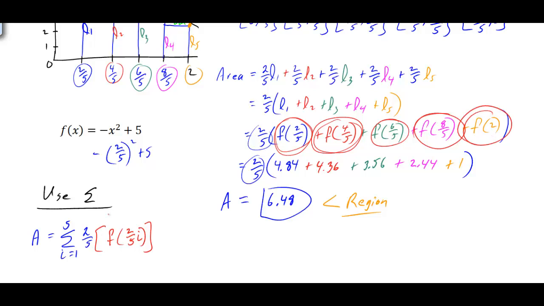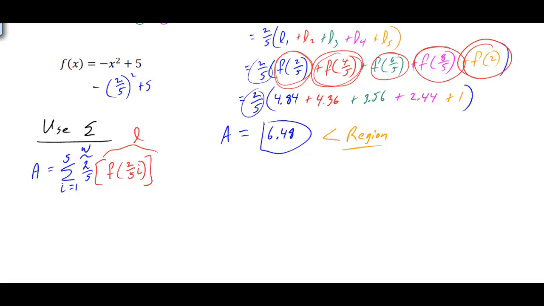So in this formula, the 2/5 is giving us the width, and the function evaluated at 2/5 i is going to give us the length of each rectangle. So we want to sum all of these up, and that will give you the area. For example, we could rewrite this as the sum of i equals 1 to 5.